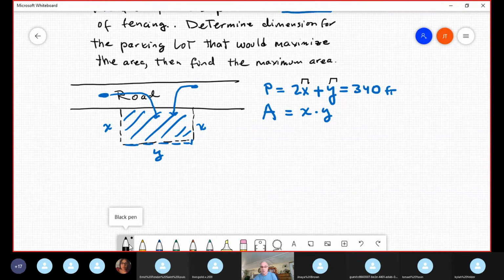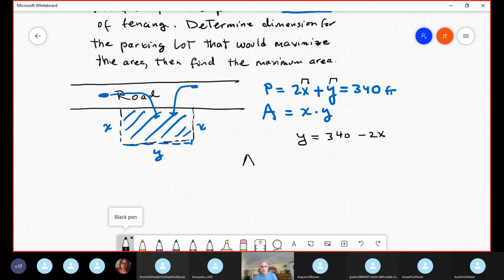I need to convert this problem to only one variable. So you solve for y, for example, not necessarily like that, but I did it that way. You solve for y: y is equal to 340 minus 2x. You move 2x to the right-hand side, subtraction.